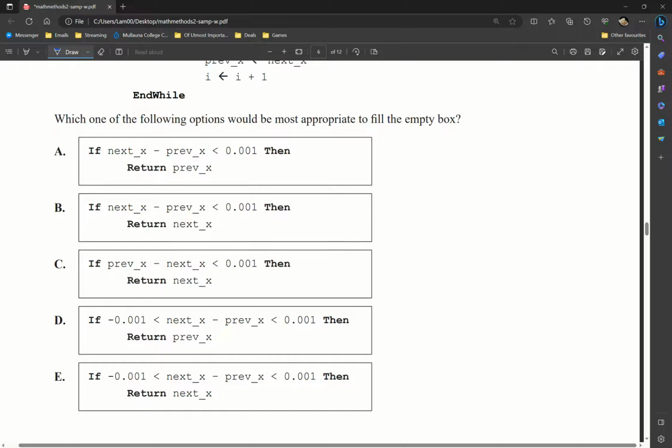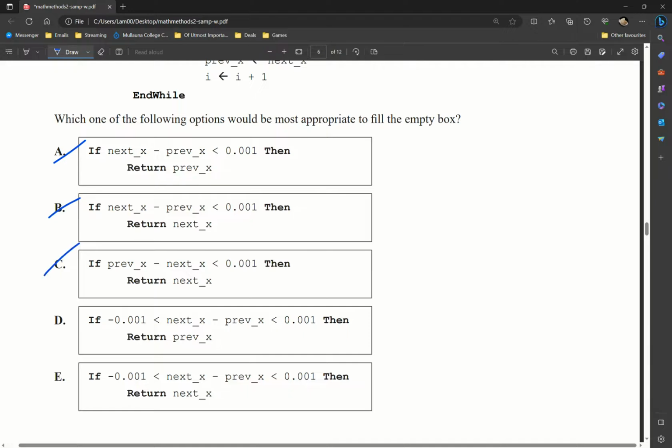First thing is that the question says a tolerance level of 0.001, which means it could be plus or minus 0.001. It could be greater than, it could be less than, which means A, B, and C are all incorrect because they're explicitly saying the difference between the next value of x and the previous value of x must be positive 0.001, which is not a tolerance range of 0.001. So in that scenario, A, B, and C are all incorrect.